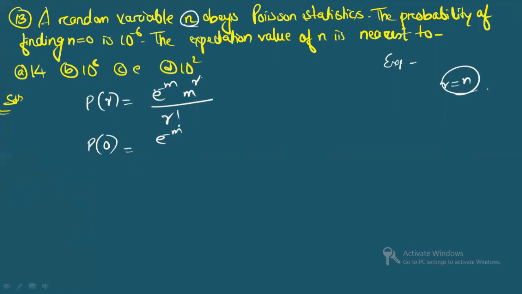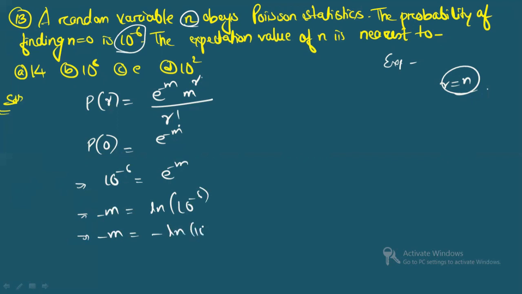Now here it is said the probability for n equal to 0 is 10 to the power minus 6. That means you will write 10 to the power minus 6 is equal to e to the power minus m. Now when you take log, you write minus m equals ln 10 to the power minus 6, which can be further written as minus 6 ln 10. Minus signs get cancelled. m is equal to 6 into ln 10, whose value is 2.3.